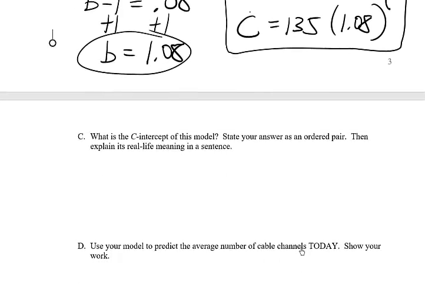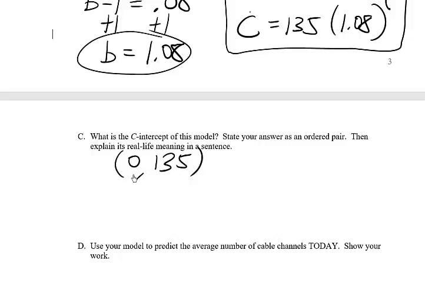Now we're being asked to describe the C-intercept of our model. C is our y value, so that's essentially the same as the y-intercept. We already wrote that earlier as an ordered pair. That was (0, 135). And then if I want to explain the meaning of that, I just have to take into account both the 0 and the 135.